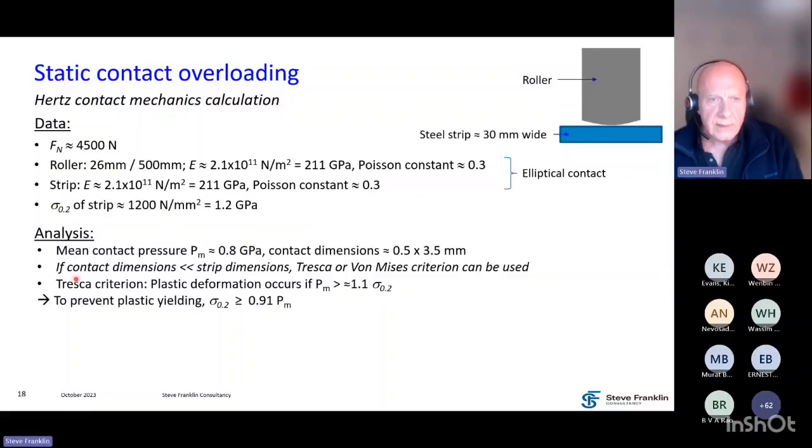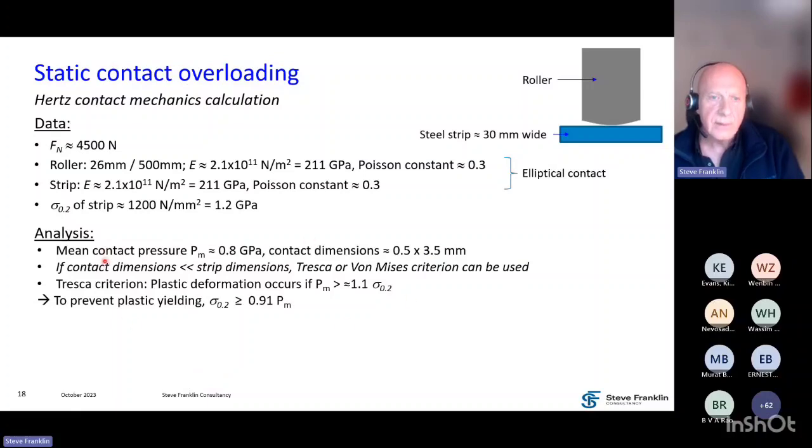So in the analysis, it turns out when you do the calculation that you have a mean contact pressure of about 0.8 gigapascals. We have contact dimensions. So this is the dimensions of the actual contact at the interface here of 0.5 millimeter by 3.5 millimeters.